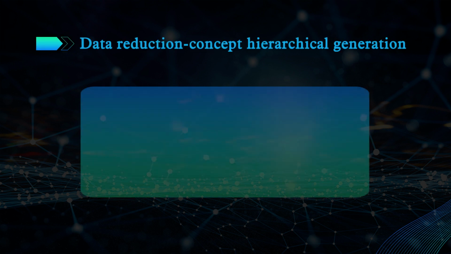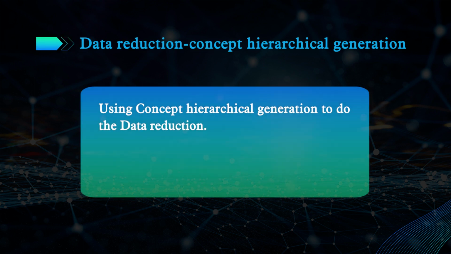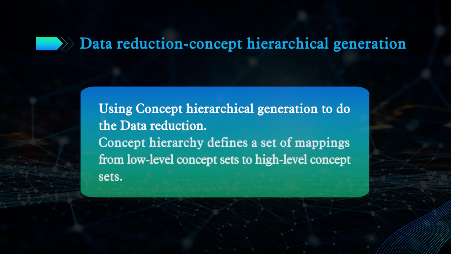We can also use concept hierarchy generation to do the data reduction. A concept hierarchy defines a set of mappings from a low-level concept set to a high-level concept set.